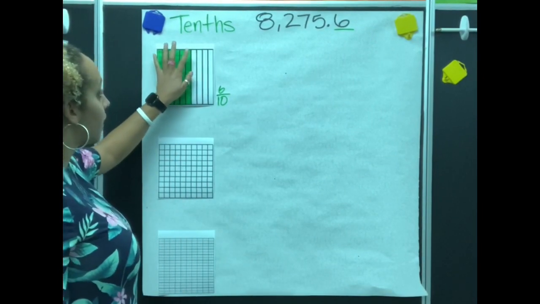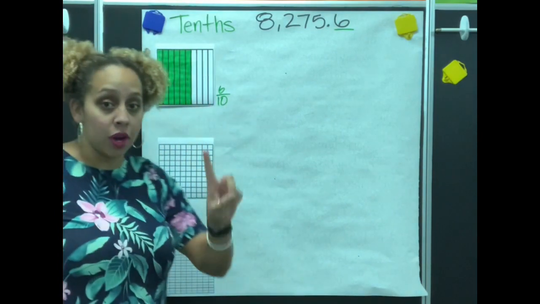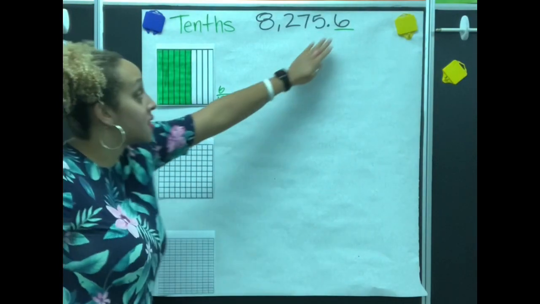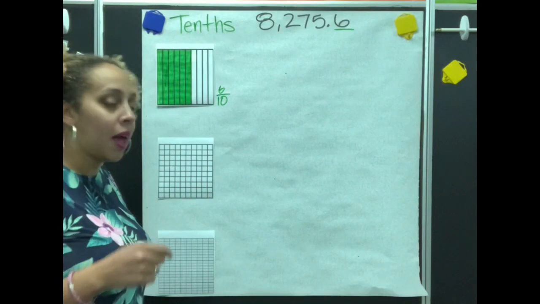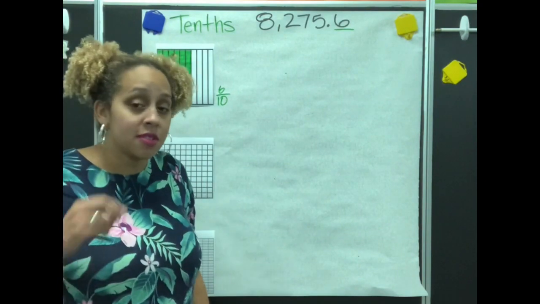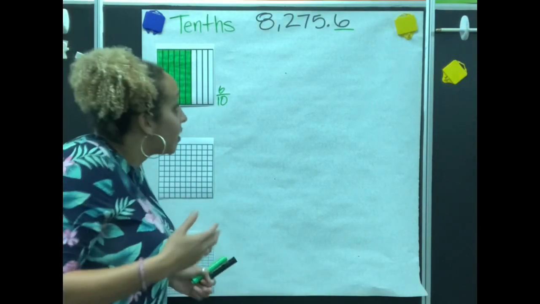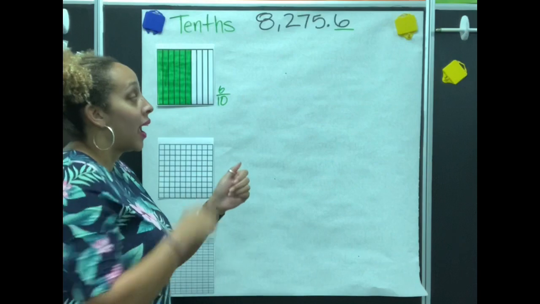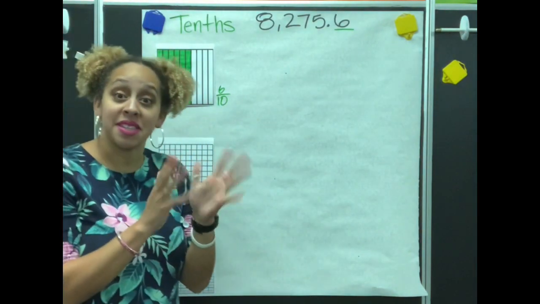So what we did was we colored in 6 out of 10 pieces, 6 tenths. We took our one whole and we split it into 10 pieces, and then we only wanted 6 of them. Okay? So how we would write this is exactly how we would say it. So when we write numbers, it's exactly how we read it, if we are reading it correctly. We read this as 8,275 and 6 tenths, because that's the place it ends in.